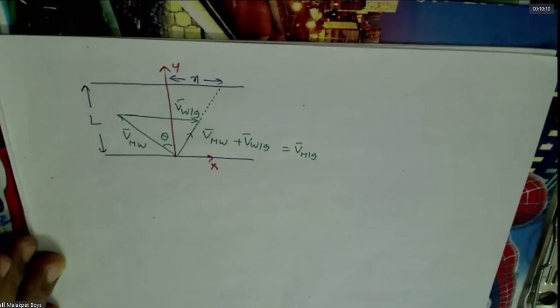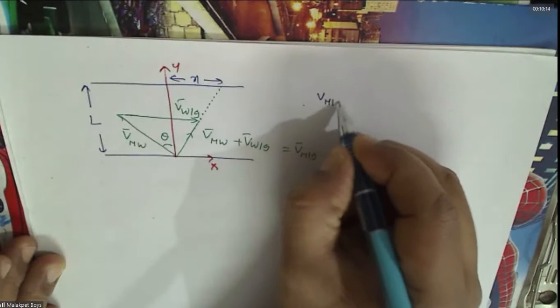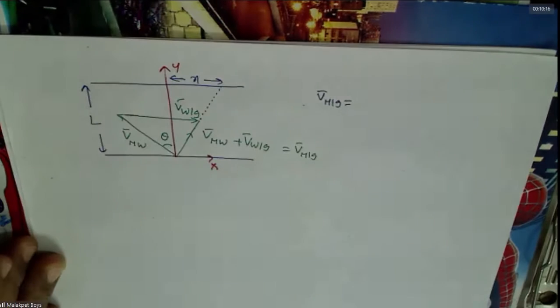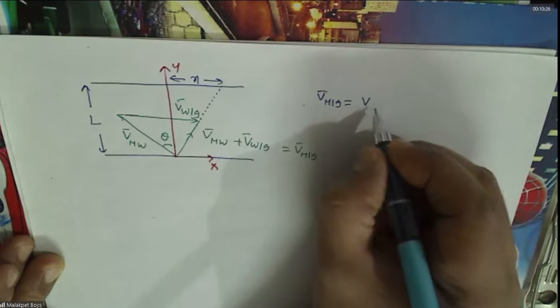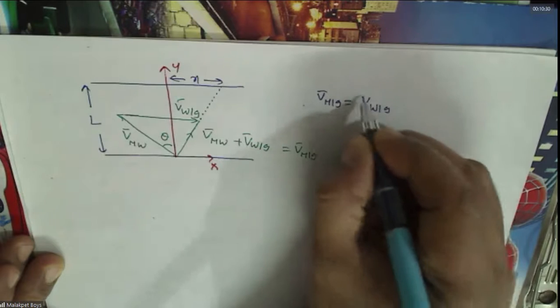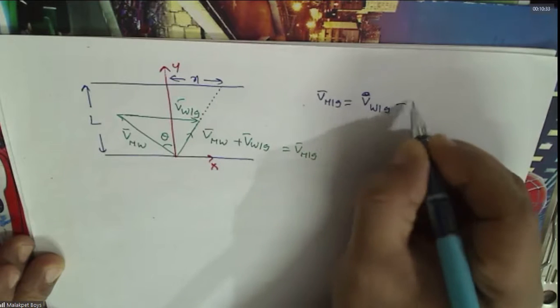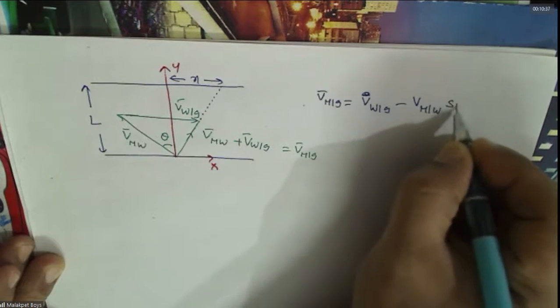After that, we found V man with respect to ground. Remember that? Clear enough? The X component: velocity of water with respect to ground minus velocity of man with respect to water sine theta.